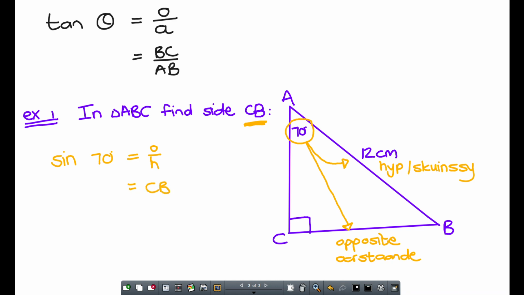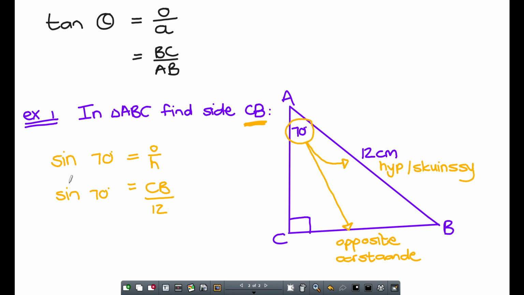Stem julle saam? And the hypotenuse is 12. All right. En nou van hier af is dit 'n gewone algebra vergelyking wat jy vir my nou so bietjie moet gaan rondskuif sodat I must get CB or BC alone because that's what we're supposed to solve, nee.